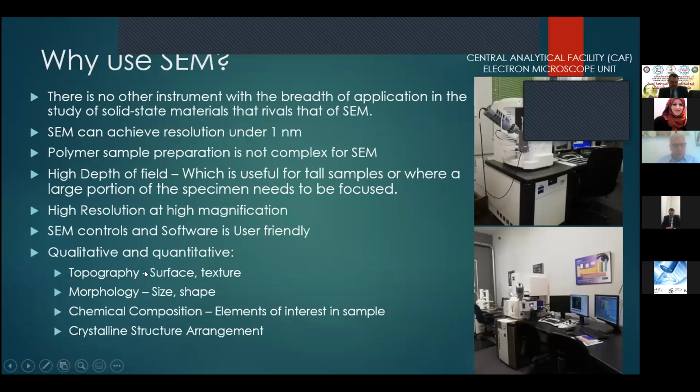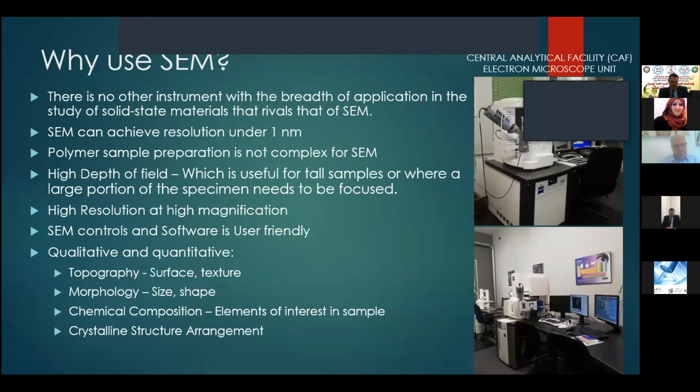So next, why do we use SEM? There's no other instrument with the breadth of application in the study of solid state materials that rivals that of SEM. SEM can achieve resolutions under 1 nanometer. Also, the polymer sample preparation for SEM is really not complex. It's very user-friendly.